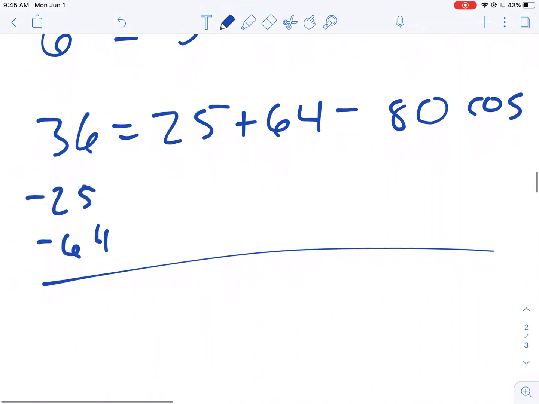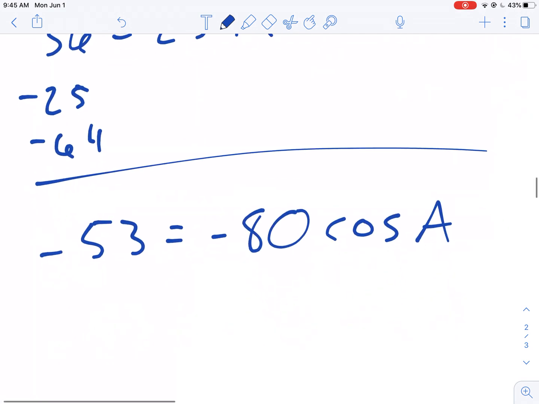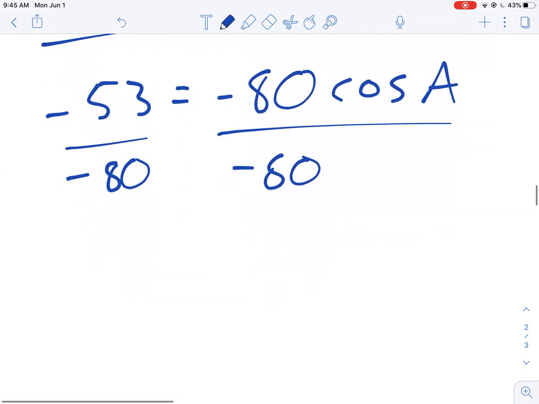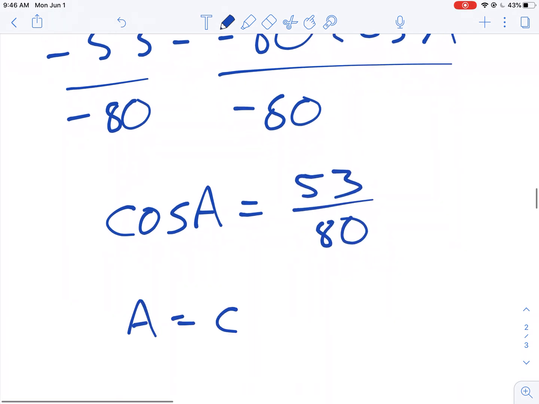So that's positive 11. So then that's negative 53 is equal to negative 80 times the cosine of A. We'll divide out negative 80, and we'll end up with the cosine of A is equal to 53/80. And then A is equal to the inverse cosine of 53 over 80.